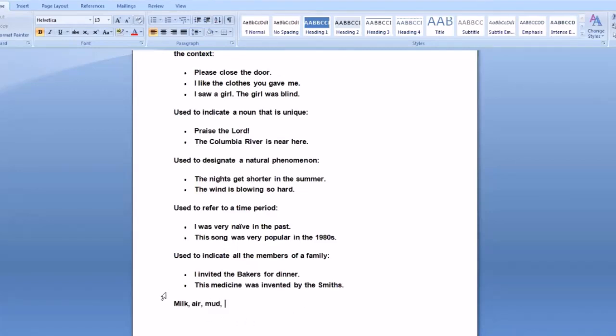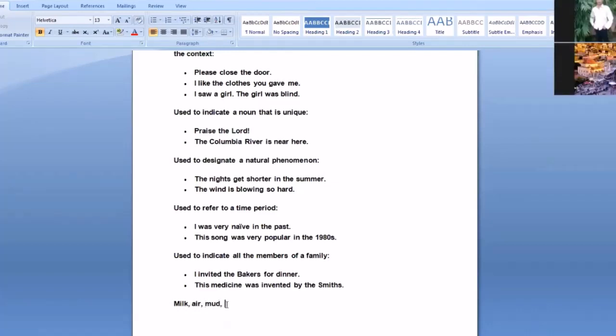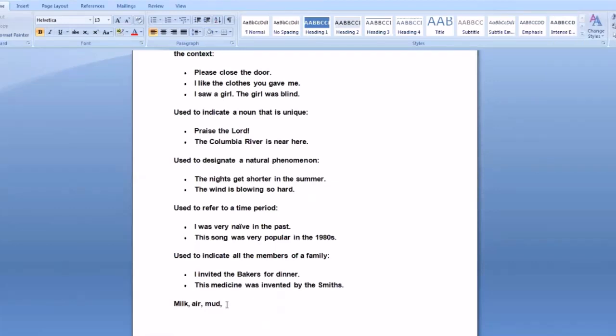We cannot say "a milk", "an air", no. "A mud", no, we cannot say it. We cannot use any indefinite article. We can use the definite article with them, again, if we want to be specific.